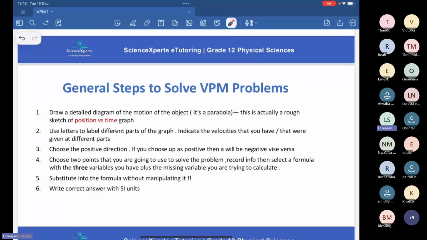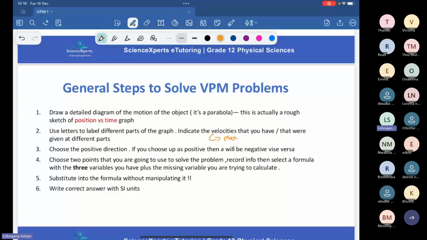But then another important thing that I know is that at the maximum height, né? At the maximum height, the velocity is zero always, right? So at the maximum height, the velocity is 0 meters per second always. This is because at the maximum height, that's where the object changes direction from moving upward to moving down.